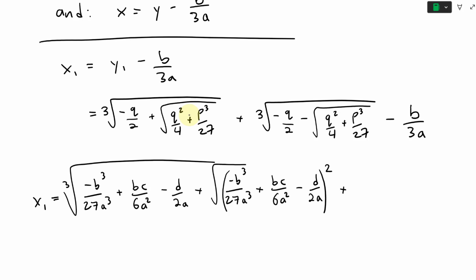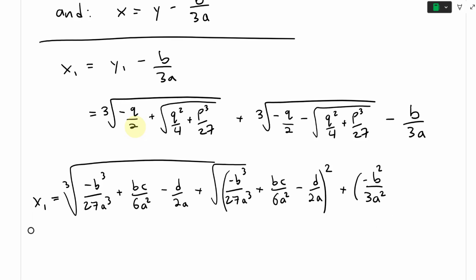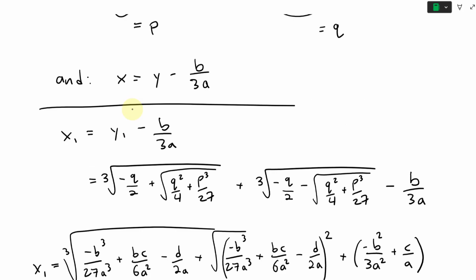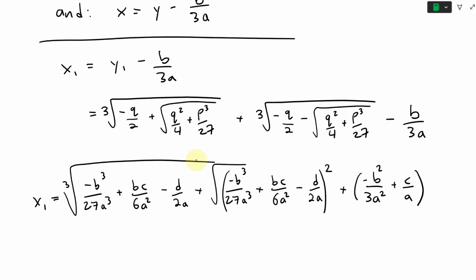So this is going to be bracket negative b over 3a squared. This is b squared over 3a squared. And then this is going to be plus c over a. And now this is cubed. There's c over a, and now we're going to cube it right here. Cubed. But also there's a 27 there. It's divided by 27. That's just 3 cubed.